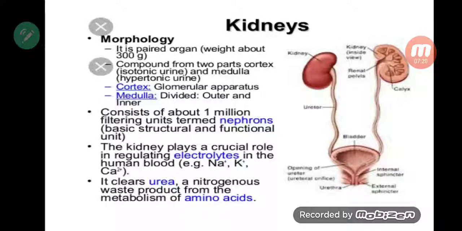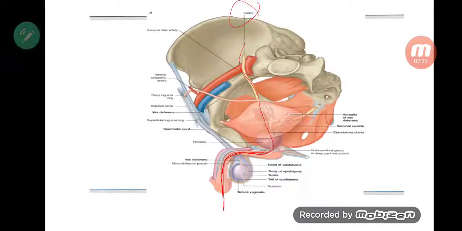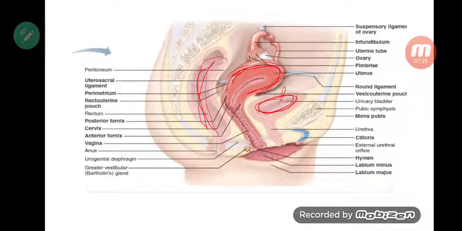The nephron is located in the medulla and the glomerular apparatus in the cortex, and in males we have a long urethra, and in females the urethra is shorter.